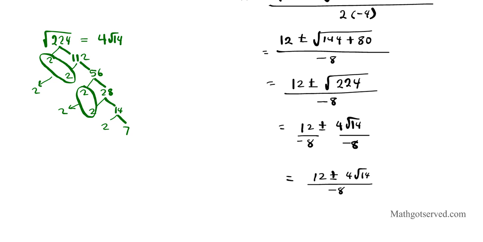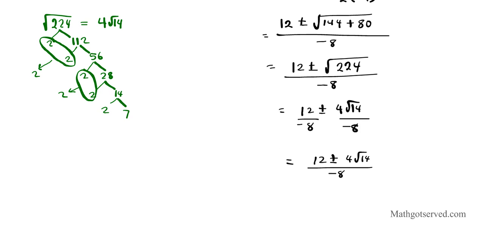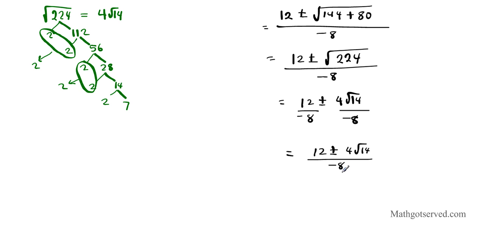So what we're going to do here is divide everything by negative 4. Because there's a 4 here, divide this by negative 4. I chose to divide by negative because I have a negative downstairs here, so that moves it upstairs.